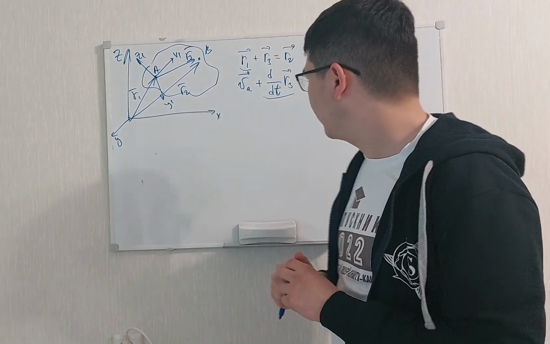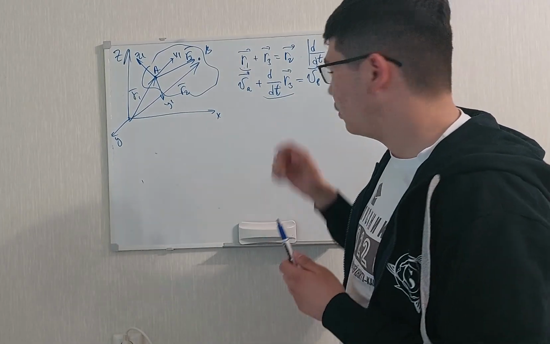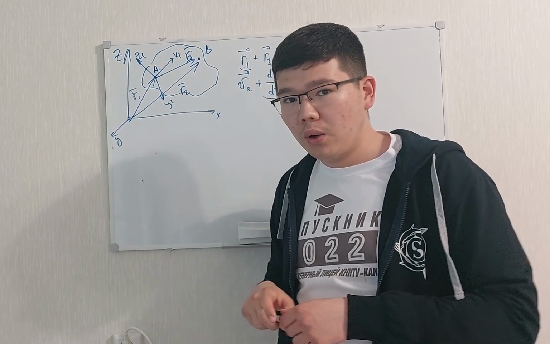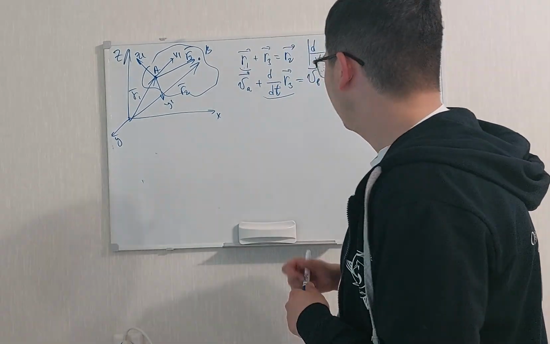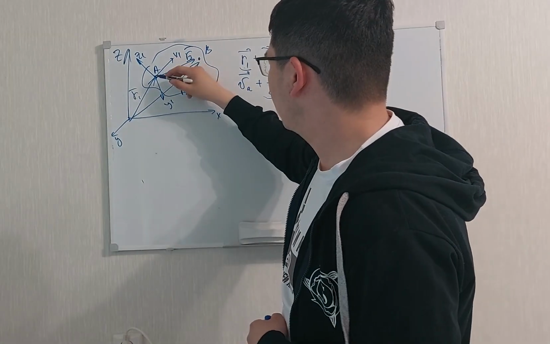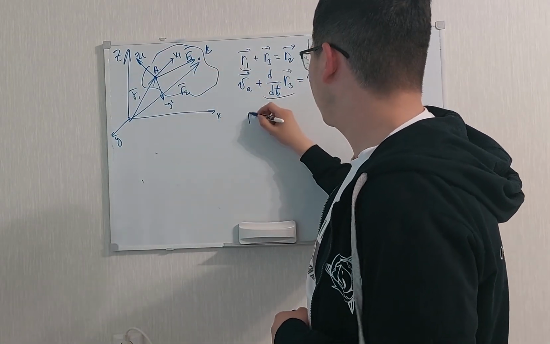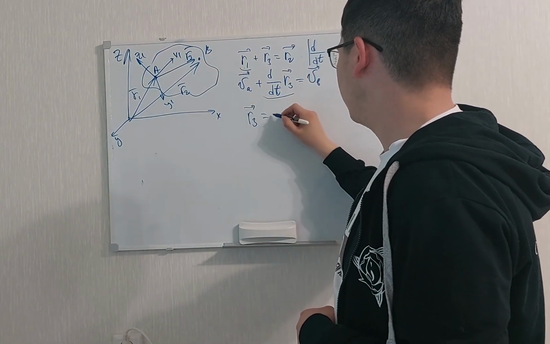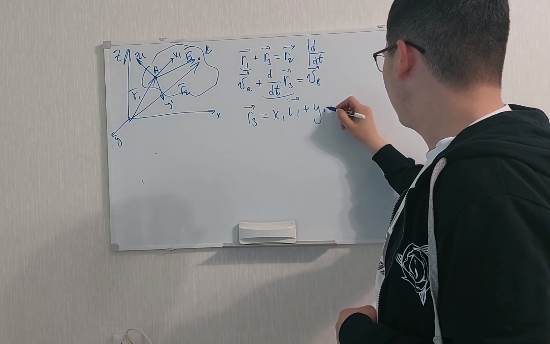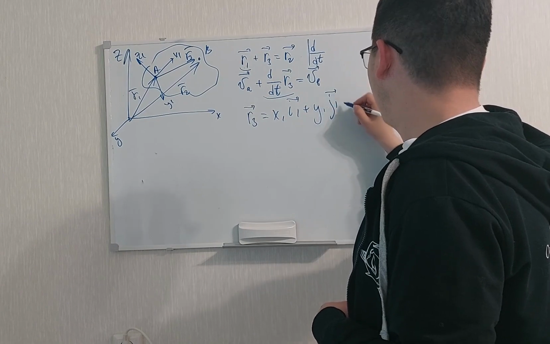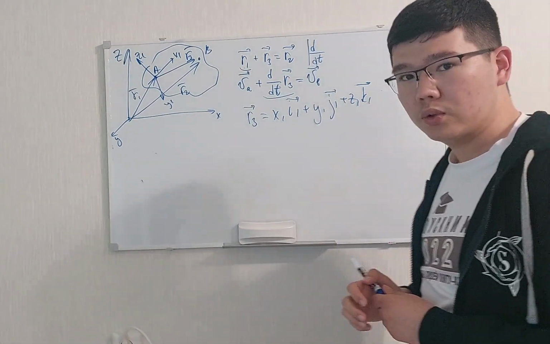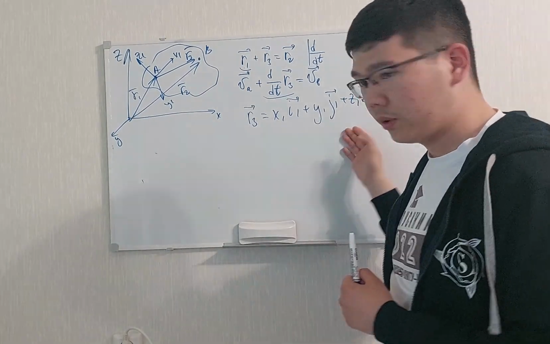The problem is that in order to differentiate this vector function r3, we will need to write it in such a form using the coordinate system x1, y1, z1. So we can write that the r3 vector is something like x1 i1 plus y1 j1 plus z1 k1. And why do I have to use this form?